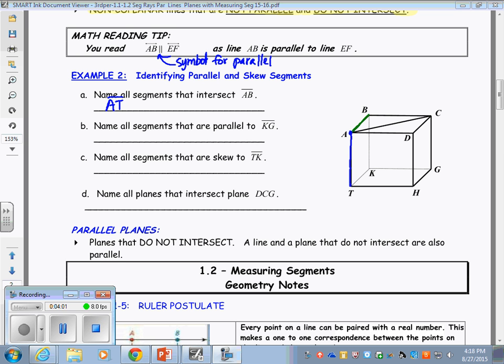I could have also, if you look on the other side over here, it would intersect that segment AB at B. So I could also have BK.